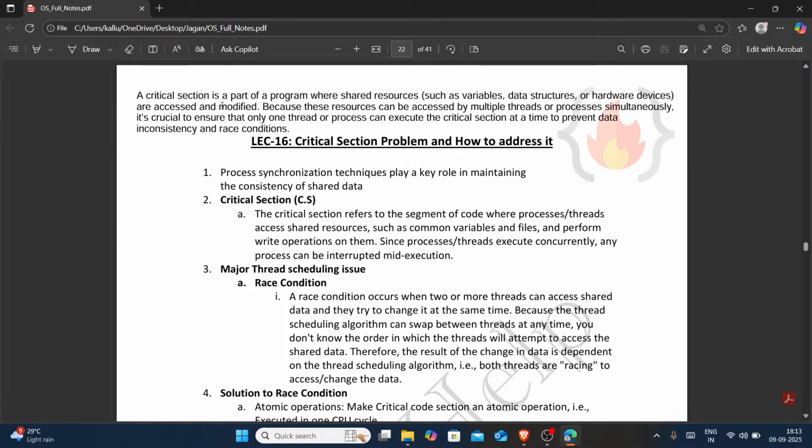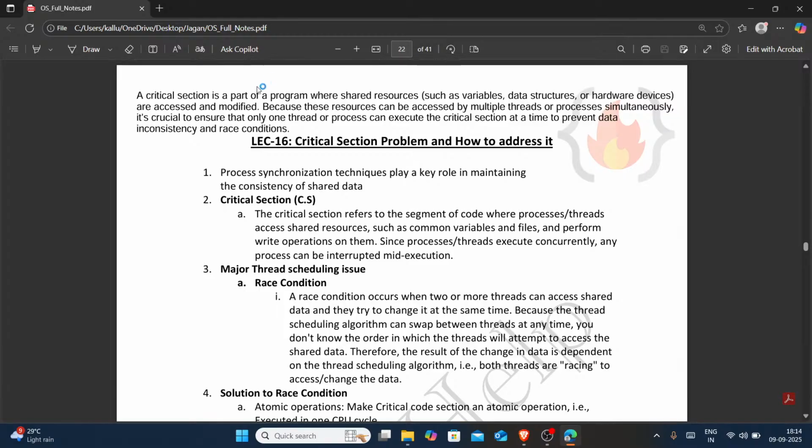Like there will be two lines of code where we are going to use the same variable or the same file or the same device. Those parts of the code become the critical section.